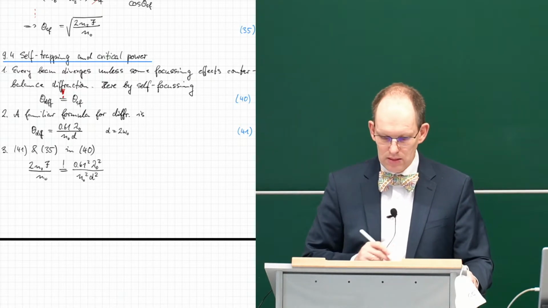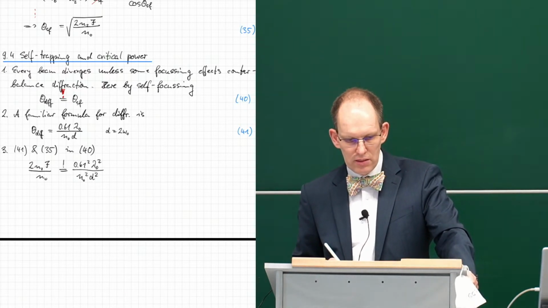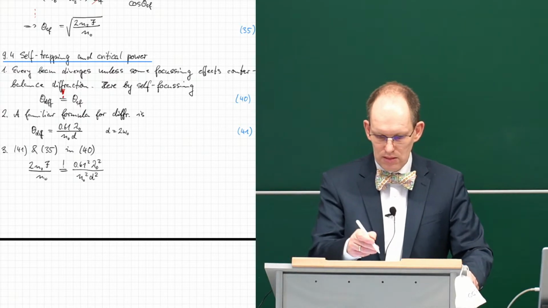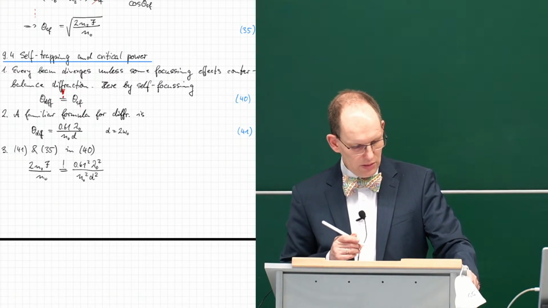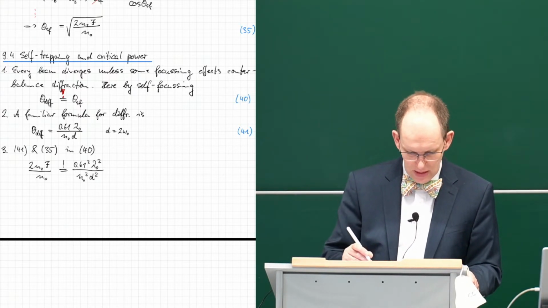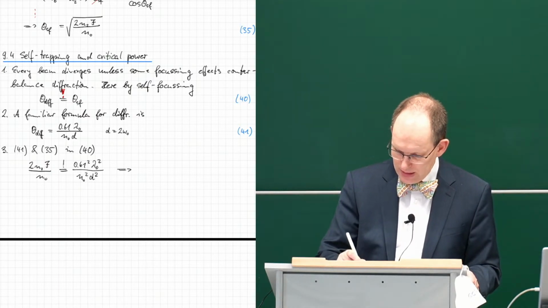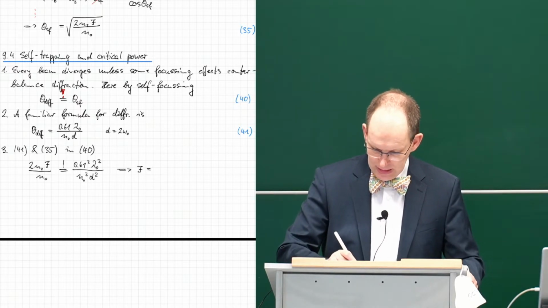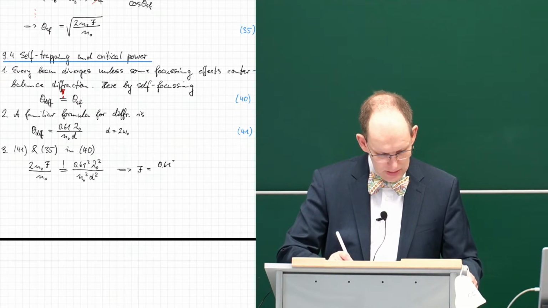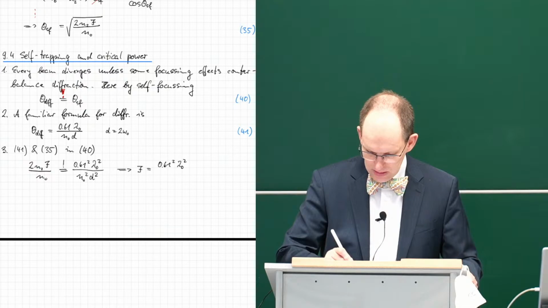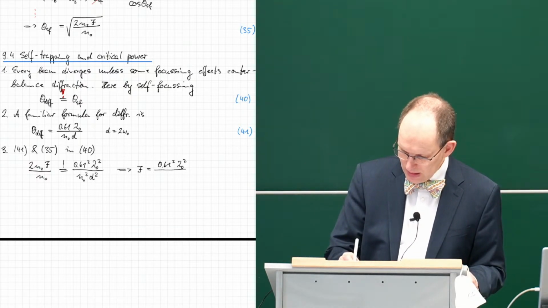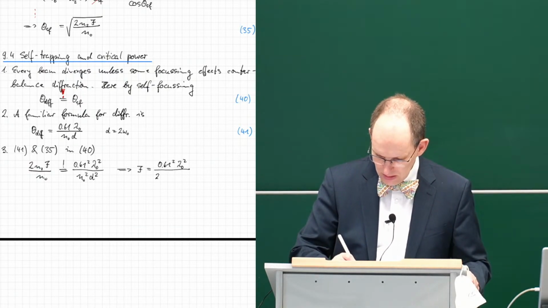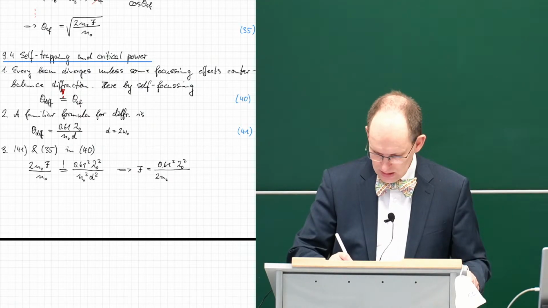Yeah, so this square is due to the square root here in equation 35. And then we can solve for the intensity. So we find for the intensity 0.61 squared times lambda 0 squared divided by 2 times n2 times n0 times d squared.